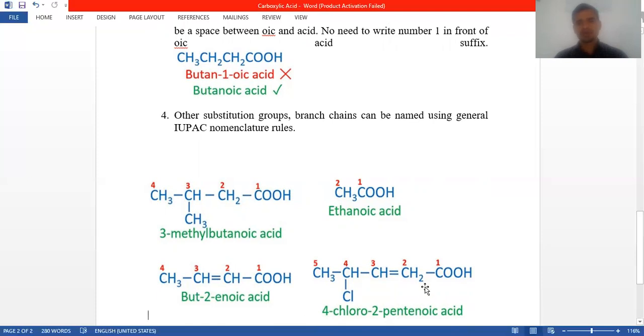Then the fourth example has a 5 carbon atom longest chain, so the corresponding alkane is pentane. E is replaced with oic acid, but chlorine is a substituent and the number is written as 4-chloro pentanoic acid. So these are the 4 examples for the IUPAC nomenclature of the carboxylic acids.